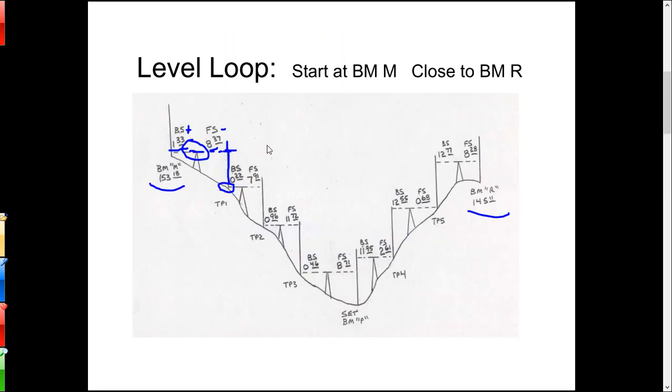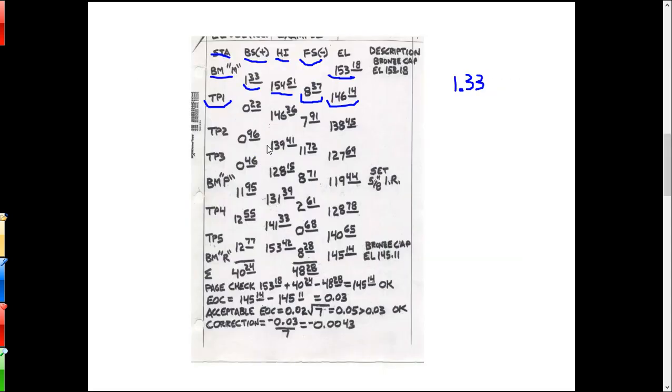That's a point on the ground. And then you just repeat that process. So you move the instrument ahead, look back, get 0.22, add that to 146.14, you get 146.36. Move the rod ahead and shoot that. You'll subtract this rod reading from the HI, so 146.36 minus 7.91 is 138.45. That's the point on the ground.